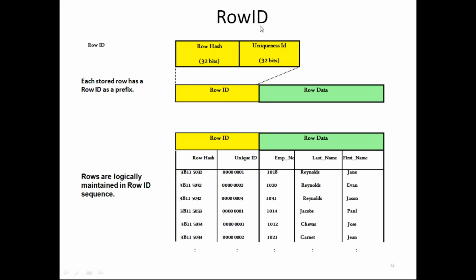You can see here that the row hash and uniqueness ID is called the row ID and is stored along with the row data. Rows are logically maintained in row ID sequence within the AMP. Once the data distribution happens based on the primary index values and the AMP number is determined, within the AMP the data is stored as per the row ID sequence.